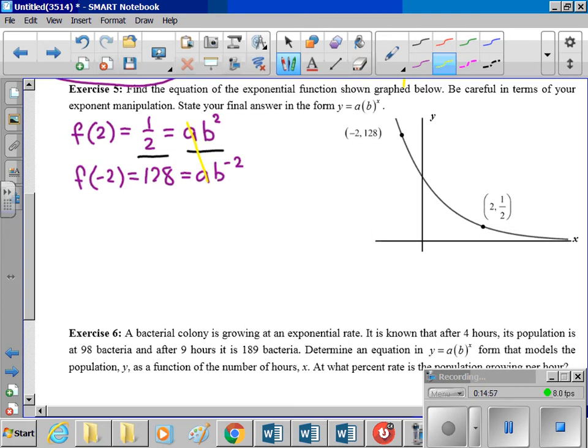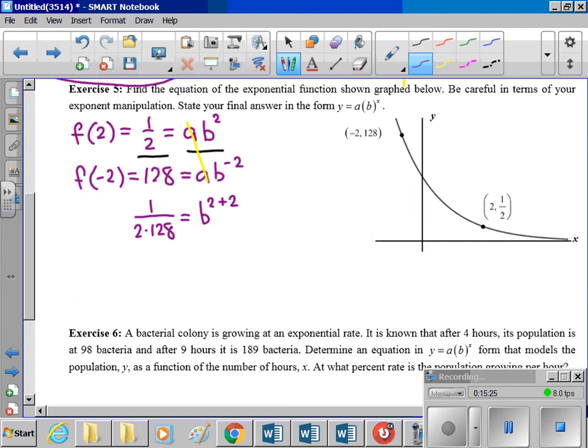Okay, so let's be careful with this. 1 half divided by 128 is going to be 1 over 2 times 128. Remember how we do our fractions. And then we have b squared on the top minus our exponent on the bottom. Minus a minus, it's going to be a plus, so we actually have plus 2.